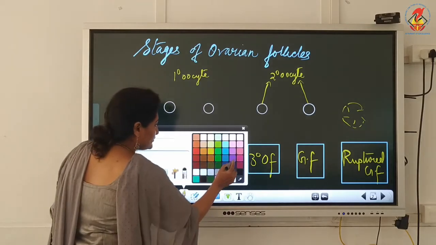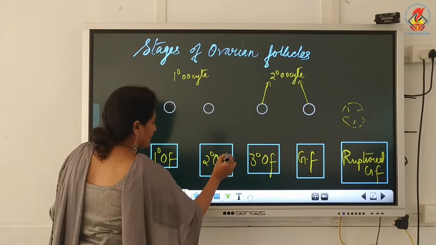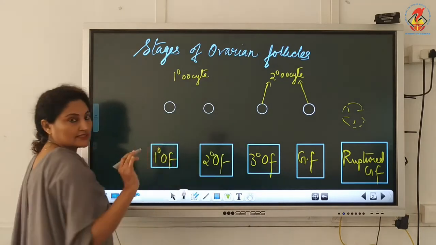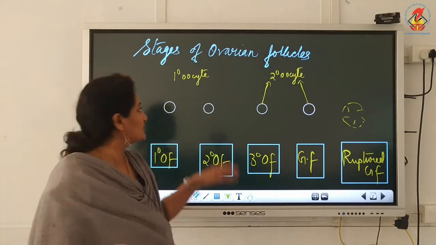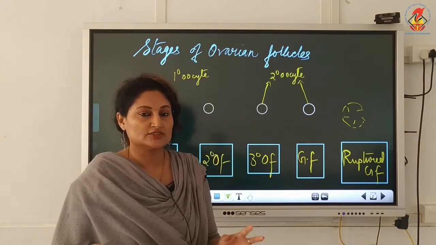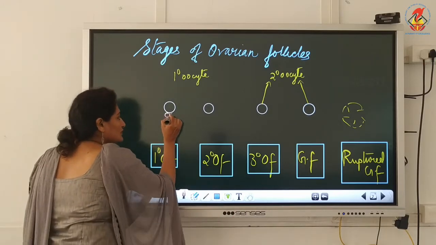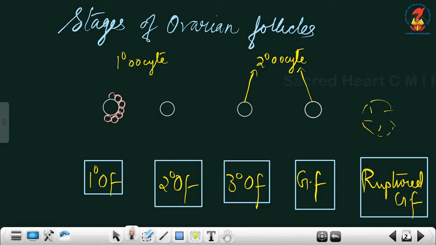Now this oocyte is surrounded by follicular cells. Any oocyte, whether it is primary or secondary, is surrounded by follicular cells. Follicular cells are granulosa cells. So what are these structures called?